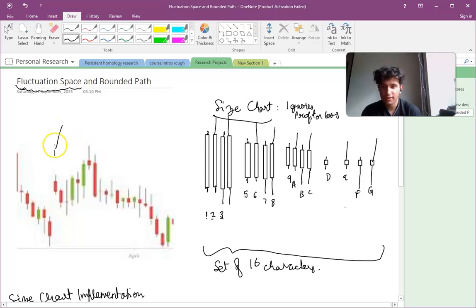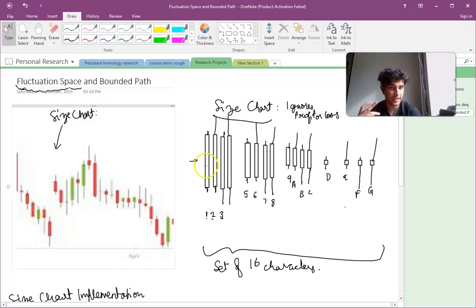Given a stock or candlestick chart that looks like this, we want to assign some sort of numbering to each of our candles. The numbering is going to come from something called a size chart, and your size chart is basically going to classify all your candles. First classification happens based on the size of your candle body itself.